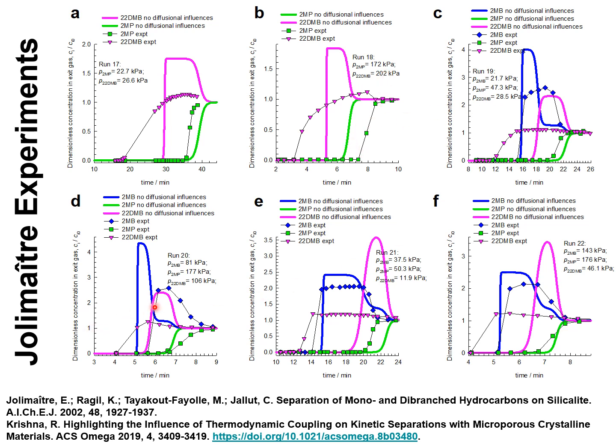The experiments shown here, these 4 experiments, runs 19, 20, 21 and 22, are for ternary mixtures of 2-methyl butane, 2-methyl pentane and 2,2-dimethyl butane.